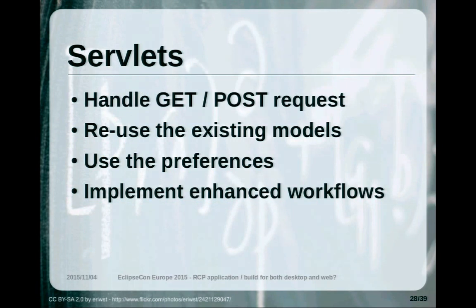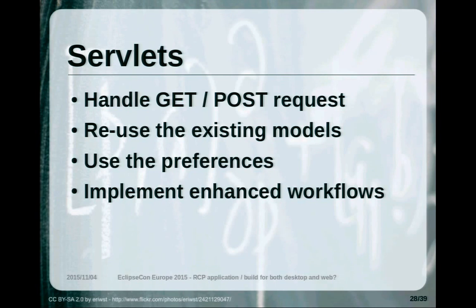Let's have a look at the details. How can we connect this OSGi bundle, the web bundle, with our Java model code we have in our application? What we want to do is reuse as much of our application as possible. So don't implement functionality in the UI. Implement business logic in the models.